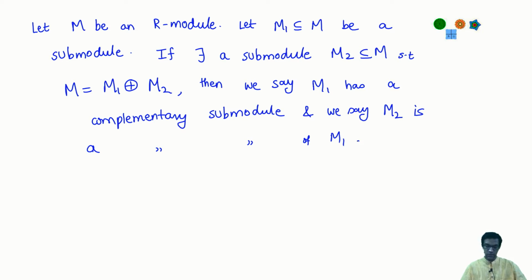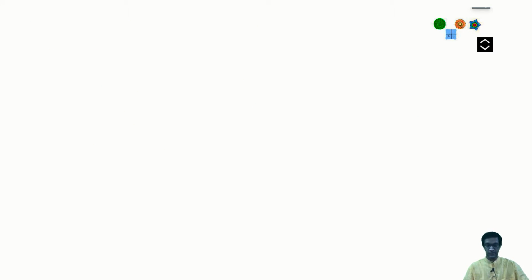Okay. So let's just look at some examples here. The most familiar one is that of subspaces of vector spaces. This is the case when R is a field K, and so M is a K vector space.